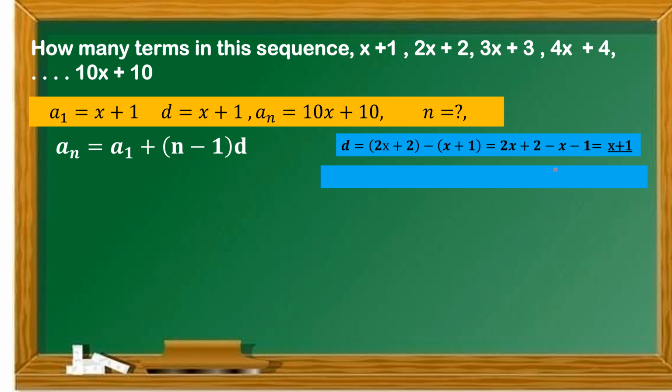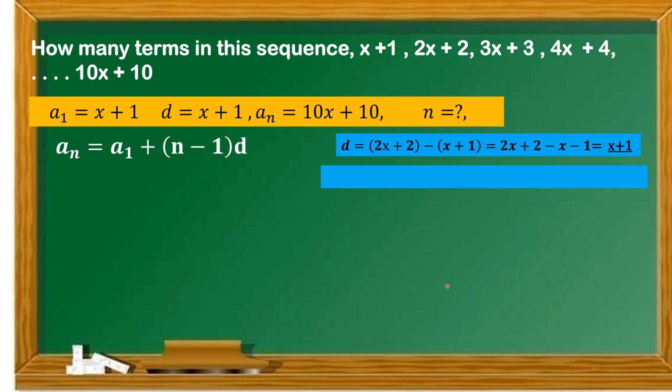That will become negative x, and negative times positive 1, we have a negative 1. Next, we are going to combine similar terms. 2x minus x, we have an x, and the positive 2 plus negative 1 is equal to positive 1. So we have x plus 1 as their difference.